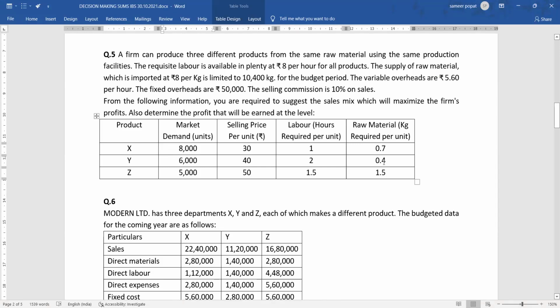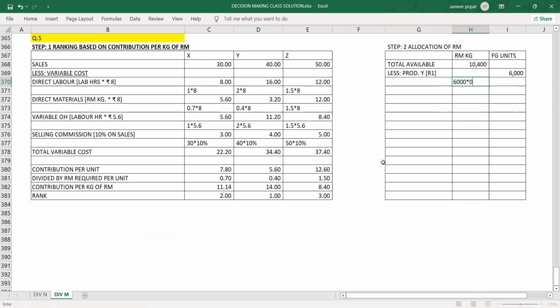So 6,000 unit into 0.4, that would be the total material used for product Y. 2,400 kgs. That will be consumed to manufacture product Y. So balance that would be available would be 8,000 kgs.